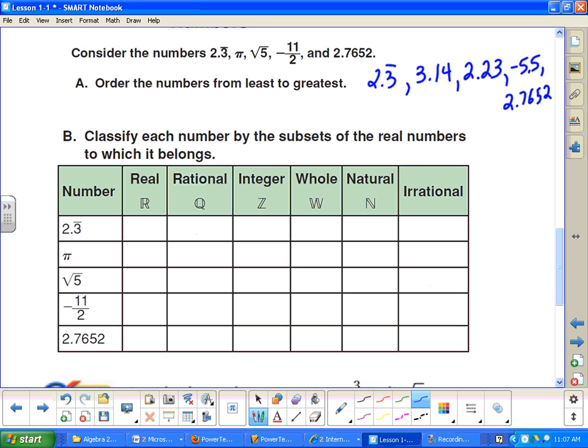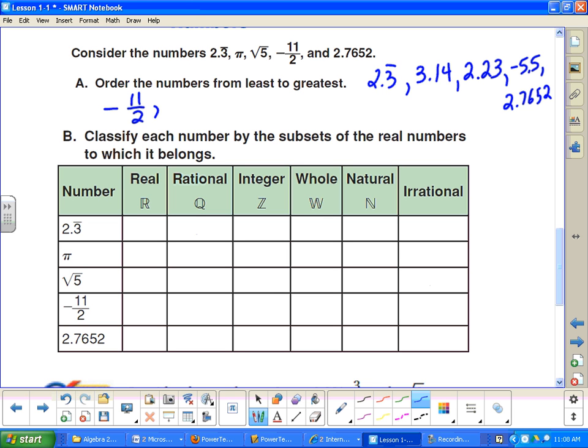There's only one negative number, right? So that has to be small. So that's negative 11 halves. Okay. All right, now what? So we got 2.3 with a bar over it, 2.23 and 2.7.